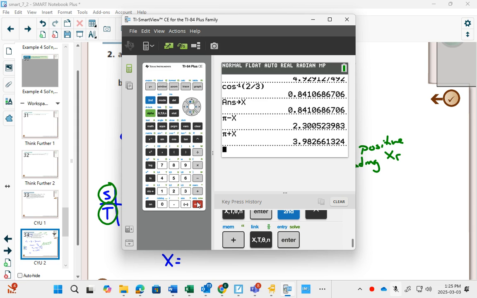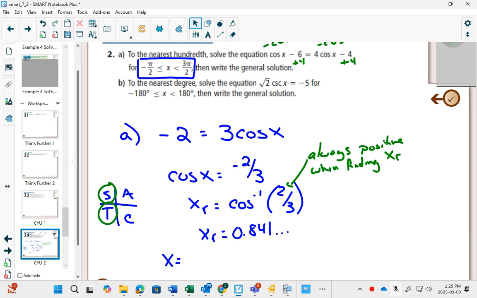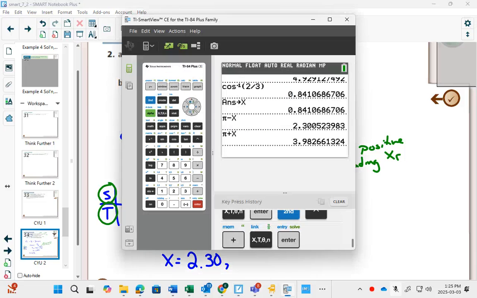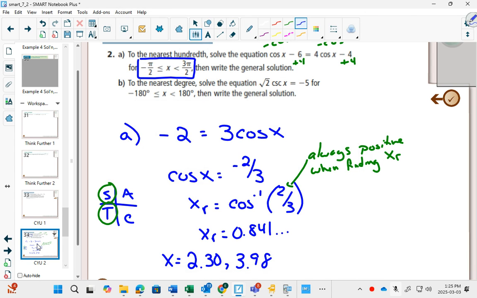Rounded to 3 decimal places, 2.301. Does this tell us the nearest hundredth, so we don't have to go to 3 decimal places? On the exam, they won't tell you, and they'll ask you to go to 3 decimal places. In a question, if it tells you, you have to read carefully. 3.9. So we get our 2 answers.